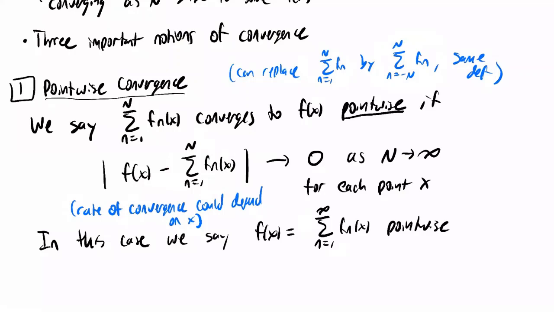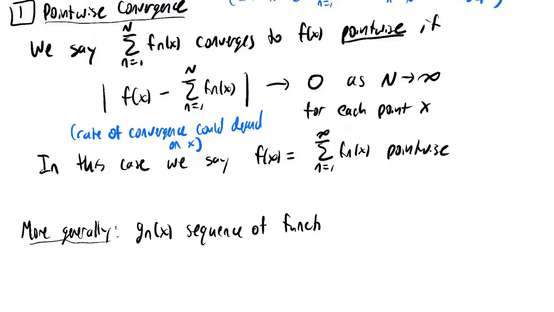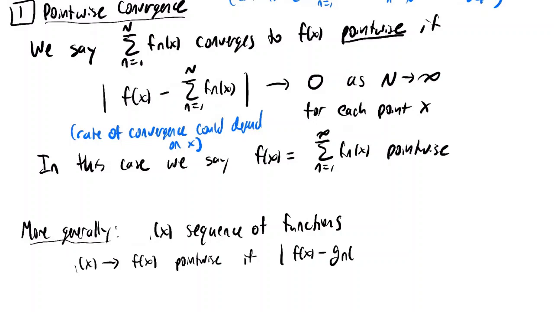And so just as an aside, more generally, let's say we have a sequence of functions, say gn of x, not necessarily partial sums, but just arbitrary functions. Well, we say that gn of x converges to f of x pointwise if I look at f of x minus gn of x. In fact, to be consistent, let me use capital N as my index.